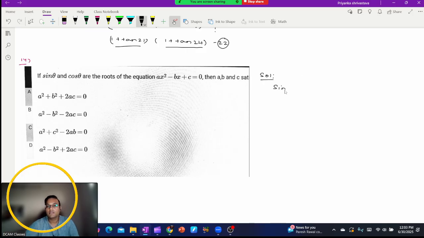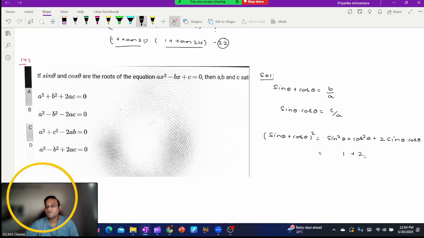That means sin theta plus cos theta is equal to -B by A, and sin theta cos theta will be equal to C by A. Now we know sin theta plus cos theta whole square is equal to sin square theta plus cos square theta plus 2 sin theta cos theta. This is 1, so 1 plus 2 sin theta cos theta.